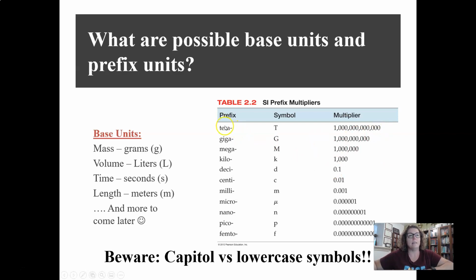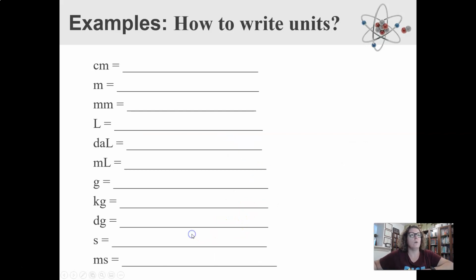These are the actual units we're going to be using. In chemistry, I don't really deal too much with tera or femto, even pico, very rarely. I usually stick from giga all the way to nano. So let's practice how to write some units first and how to write the names, what they actually mean.